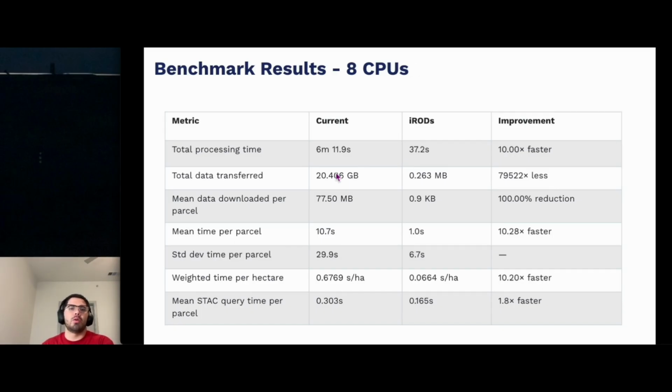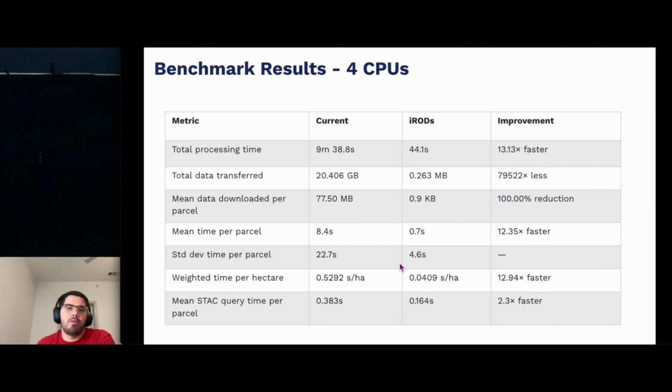For the 8 CPUs, the traditional prod system took 6 minutes to finish. iRODS completed the same work in just 37 seconds, 10 times faster. The reason is the same. Prod downloads 77 megabytes per field, while iRODS transfers less than 1 kilobyte. Even with fewer CPUs, iRODS delivers major time savings by moving far less data.